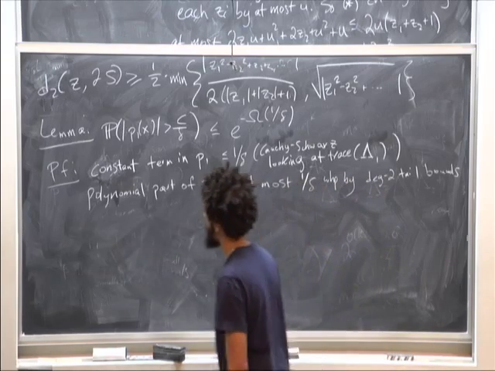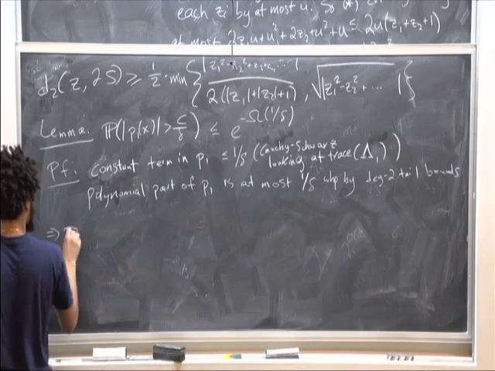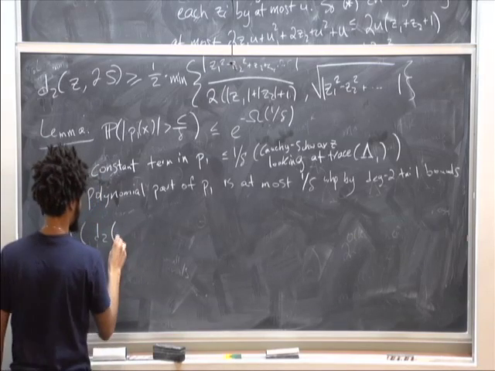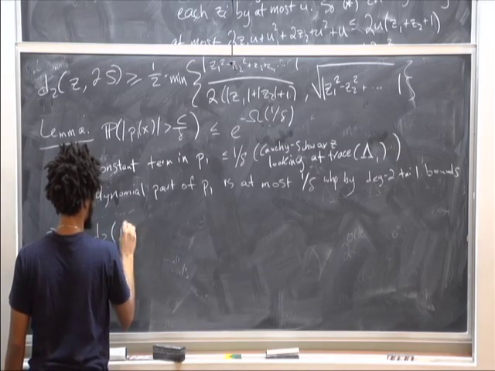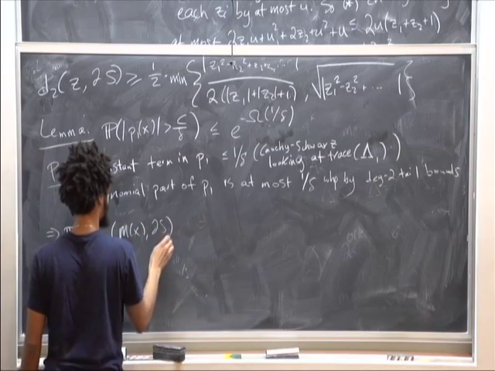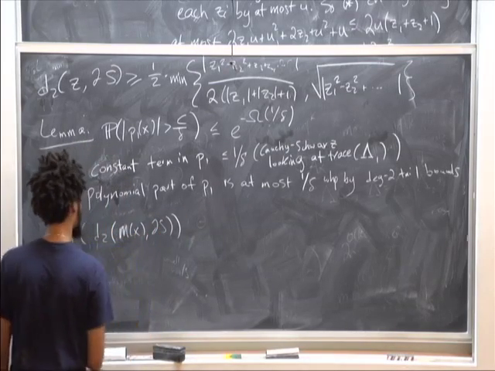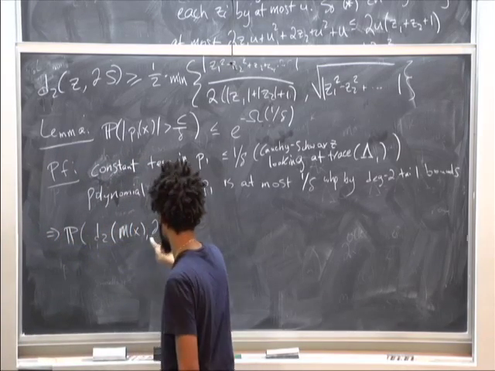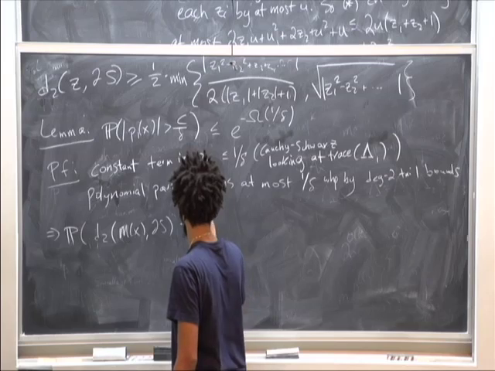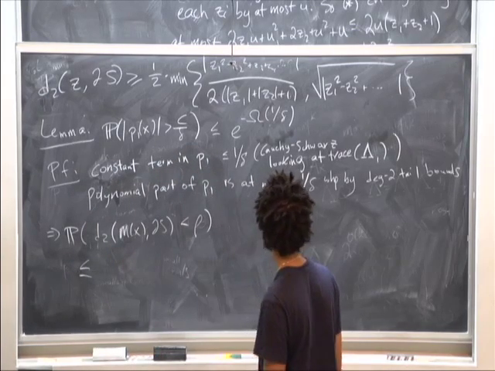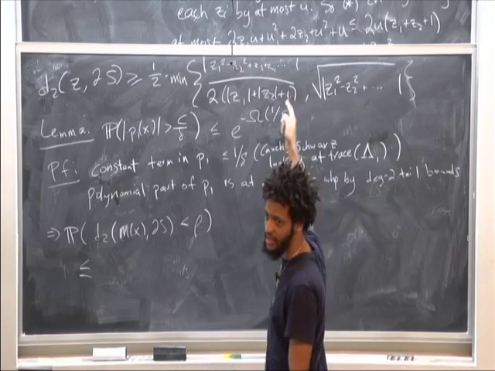Okay, so that implies that the probability that the distance of x to the boundary of S is less than rho is at most the sum of the probabilities that either of these things is less than rho.